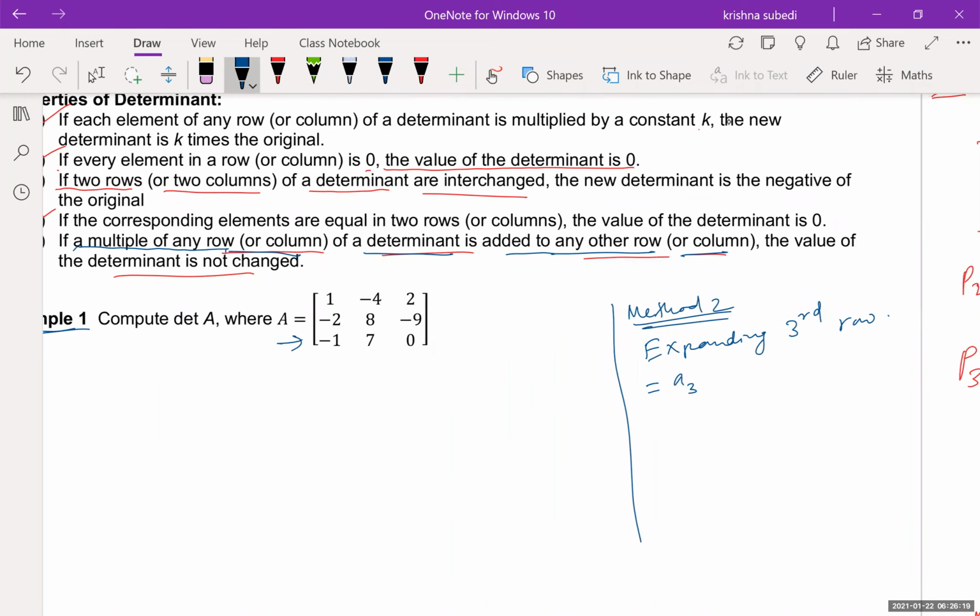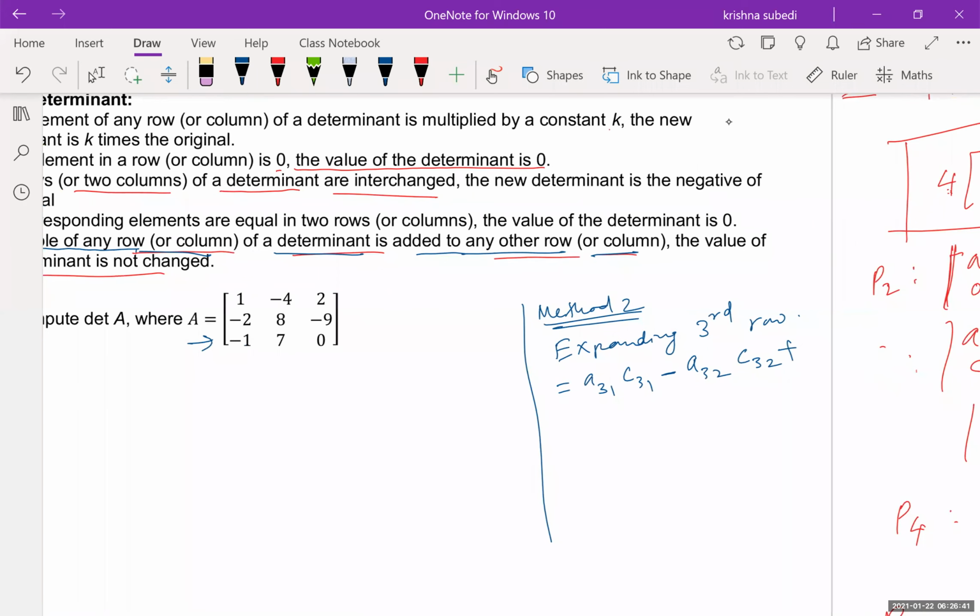If you expand the third row, you'll have A31, C31. So 3 and 1 is 4. That means it will be positive. And then minus A32, C32, and then plus A33 and C33. So A31 is -1.